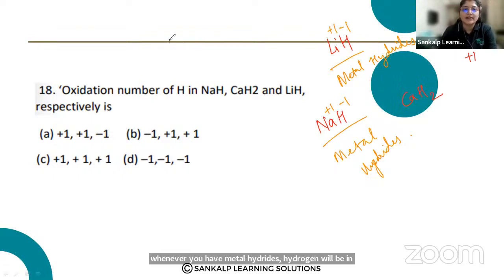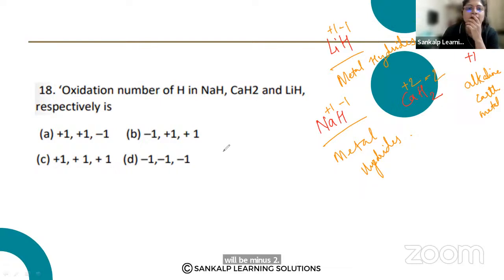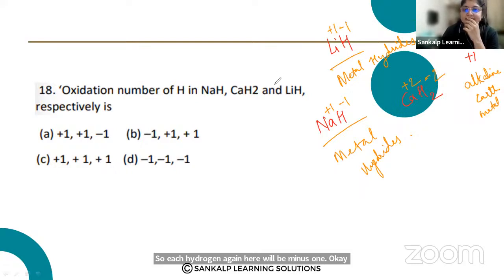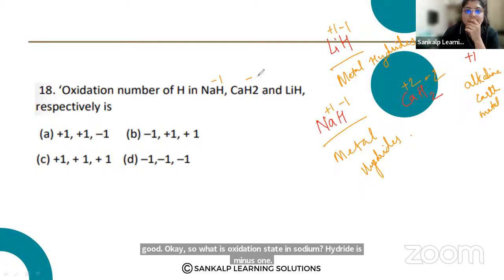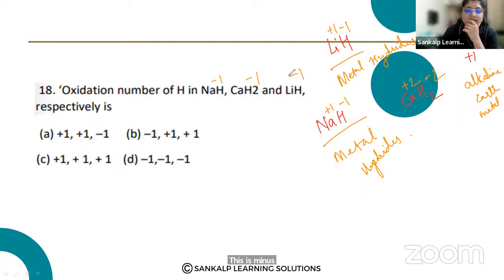Now you have calcium hydride also, CaH2. Calcium is an alkaline earth metal, so calcium oxidation state is +2. So the hydride part will be -2, so each hydrogen again here will be -1. So the oxidation state of hydrogen in sodium hydride is -1, in calcium hydride is -1, and in lithium hydride is -1.